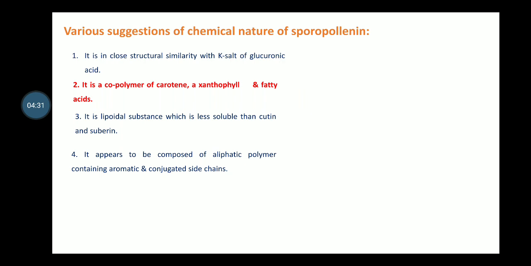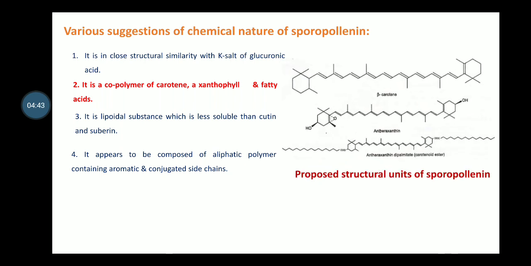But the second view is more appropriate and more acceptable, that is, it is a copolymer of carotene, xanthophyll and fatty acid. That is the outline of the chemical structure of sporopollenin.